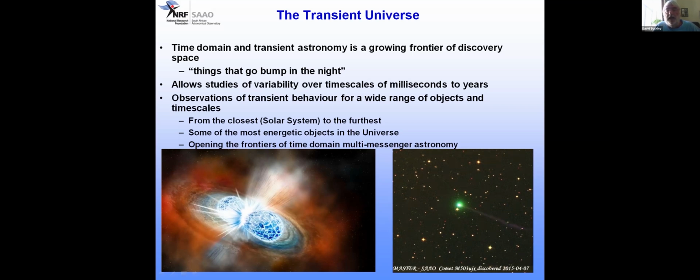And that was a highly energetic event, not that distant. It was in the local universe. The one on the right is just an example of a comet that was discovered by one of the transient detection telescopes at Sutherland called MASTER, that I'll talk about.